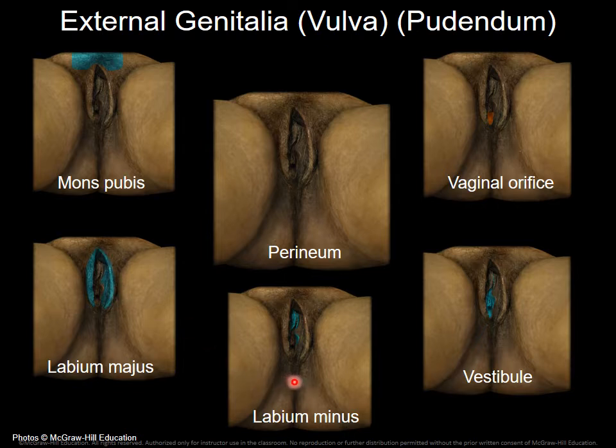The labium minus or labia minora are folds of tissue within the labia majora. And of course, the vestibule is whatever would be enclosed by the labia minora. And that would include the vaginal orifice and the urethral orifice, which is not highlighted here, which would sit in front of, or anterior to, the vaginal orifice.